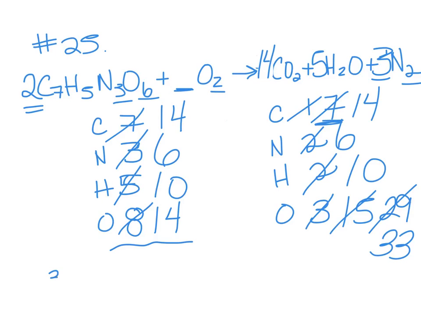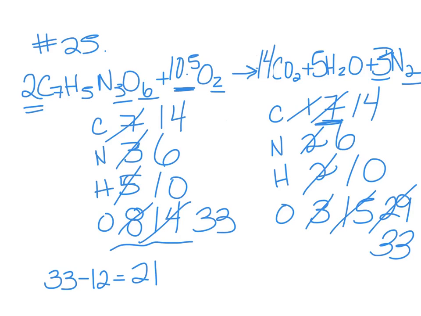So I'm going to do a little calculation here. 33 minus 12 is equal to 21. And this is where I'm going to use a decimal. I need 21 oxygens. So 21 divided by 2 gives me 10.5. So that's going to be my coefficient for that. And then I will have 33 on that side.